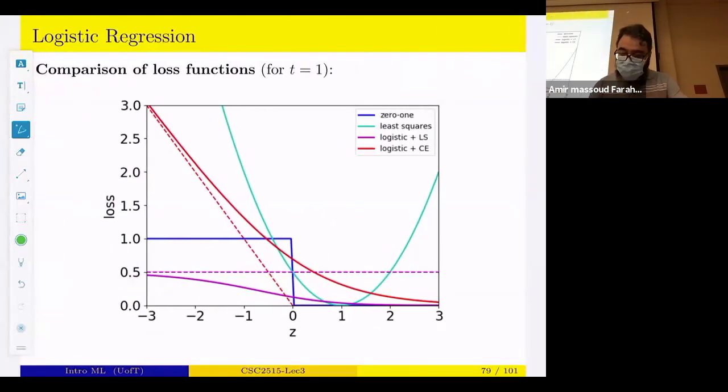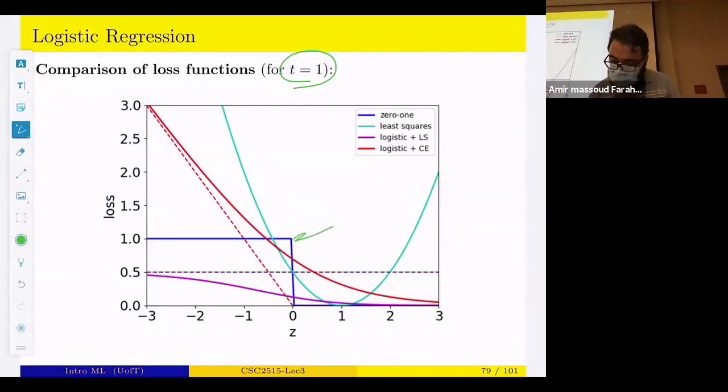Maybe the other thing that I want to mention here is to consider all the loss functions for classification that we have seen here. So here they assume the target is t equal to 1. So we want z to be positive. There shouldn't be any loss when z is positive. When z is negative, there should be some loss.